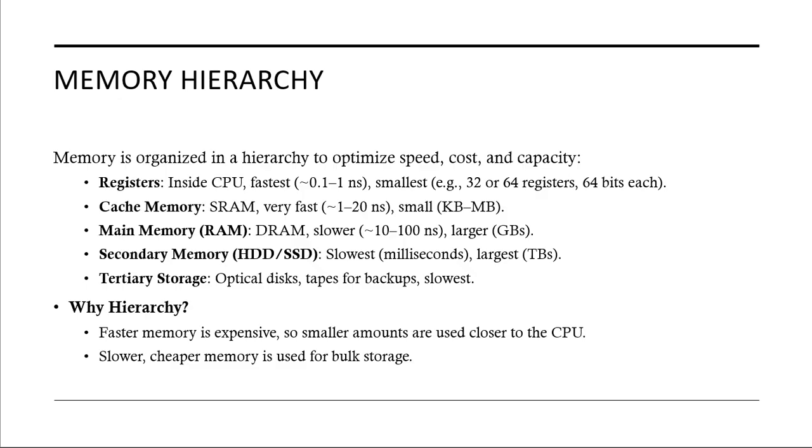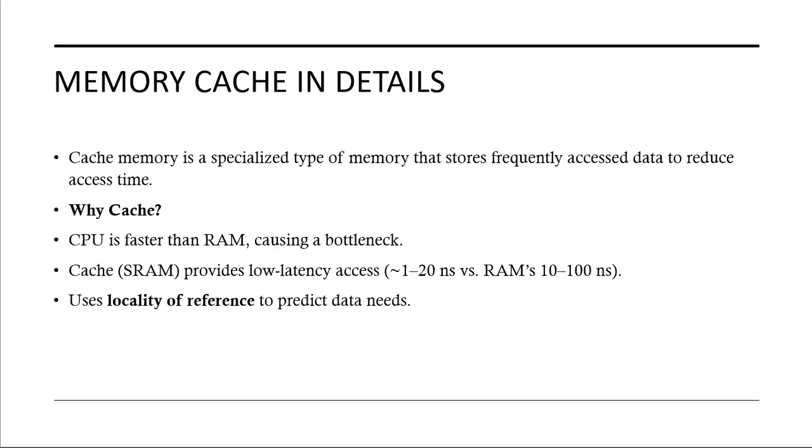So some may ask, why cache memory? The cache exists because the CPU works faster than the RAM, and this causes a bottleneck.